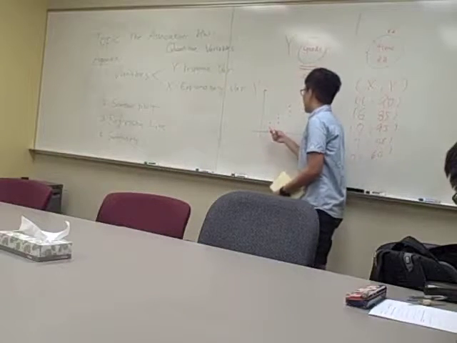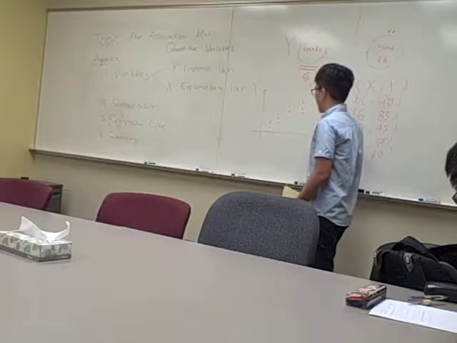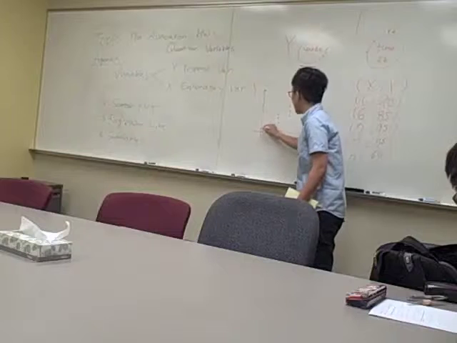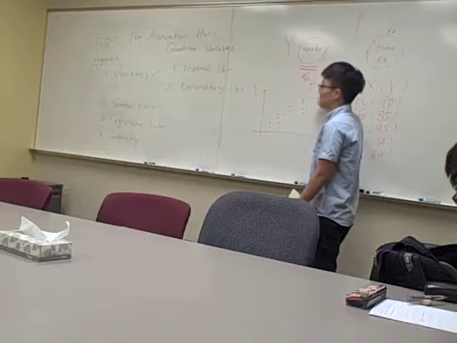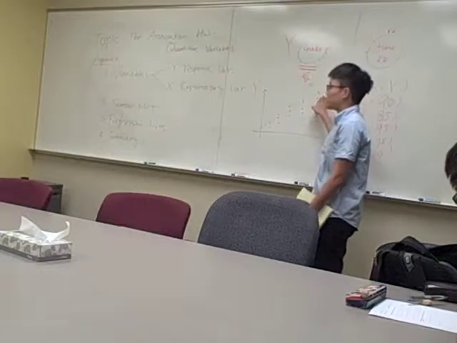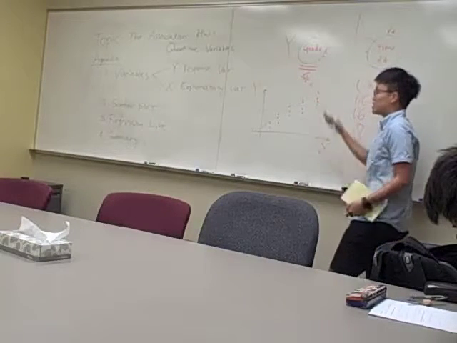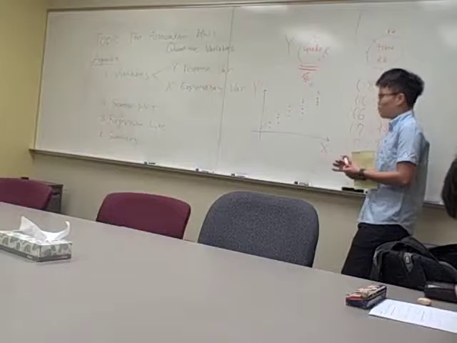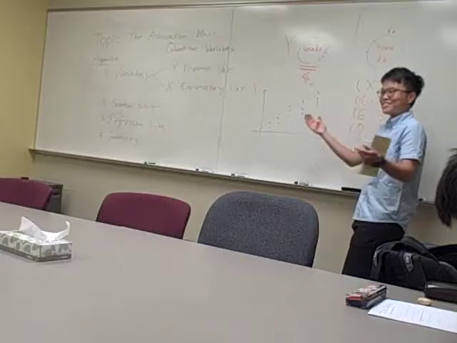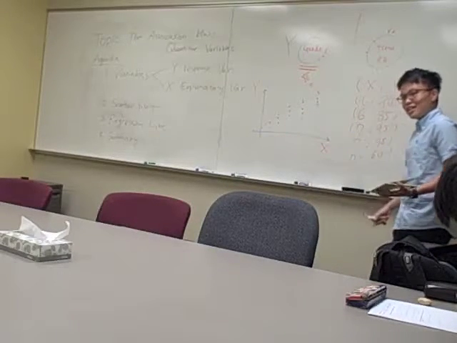When you find a relation between the variables, maybe you can find a line. That is called a regression line. Today we don't have time for the detail, so we will talk about it in the next class. Any questions about today's class?